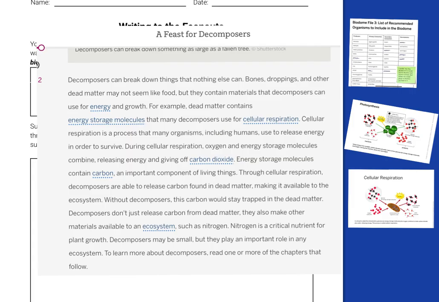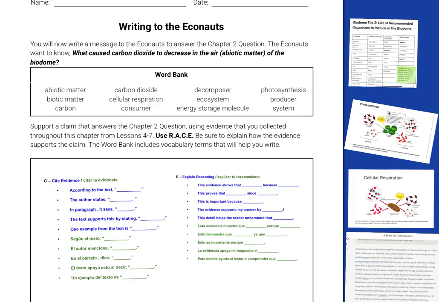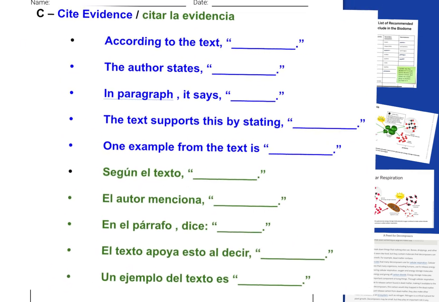Okay, great. Something else I have for you are some sentence starters to help you with citing evidence and explaining your reasoning. Let me pull those for you now. Here we have some sentence stems for citing evidence. These should be very familiar to you because teachers have worked on these with you.